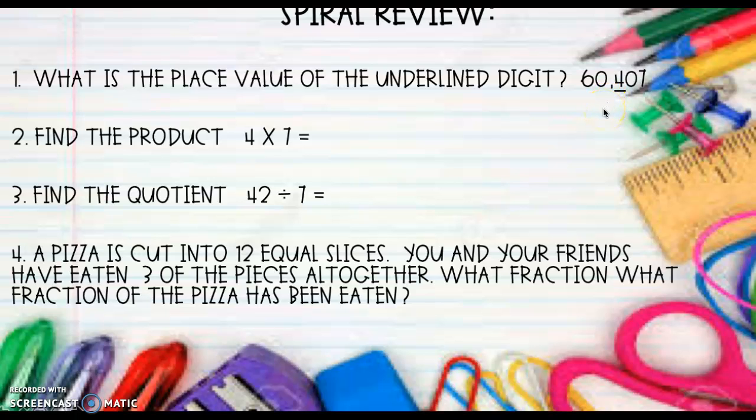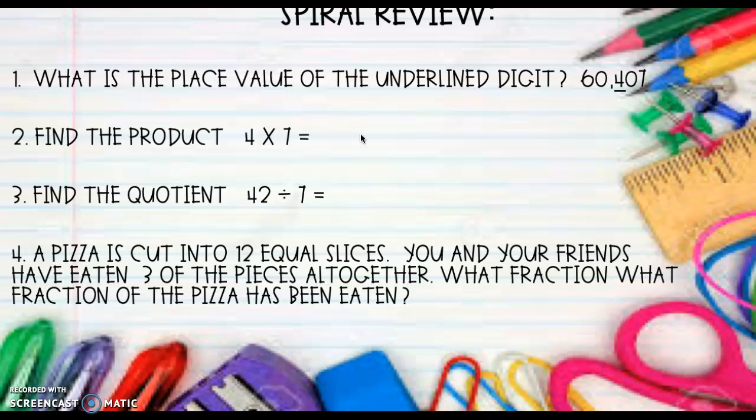Your second problem is find the product. So you have a multiplication problem, and a product is the answer. You are trying to find what is 4 times 7. You can do a number line, you can draw, or you could just add it up in your head, repeated addition, however you want to solve it.